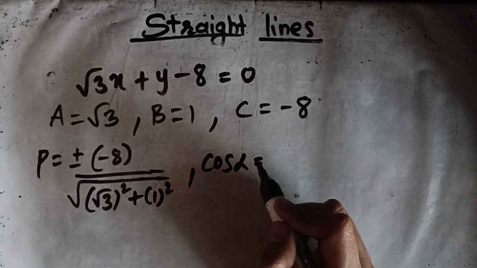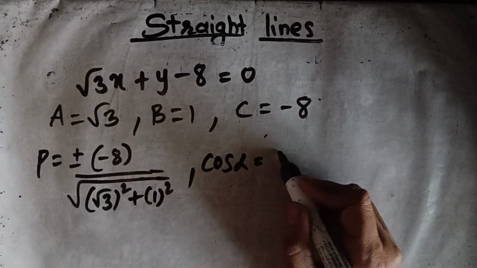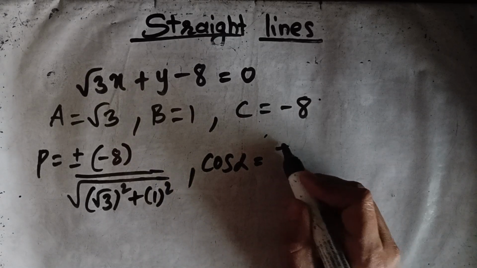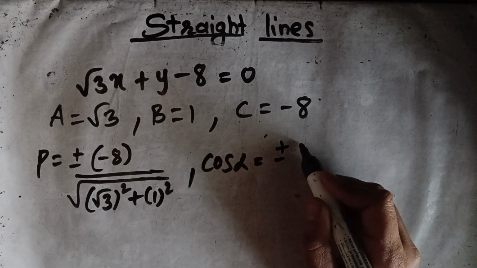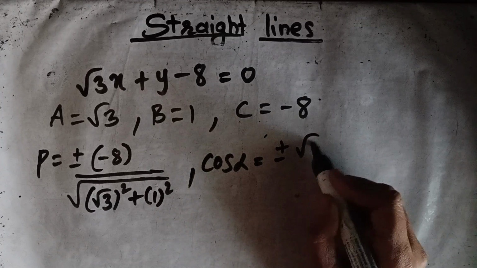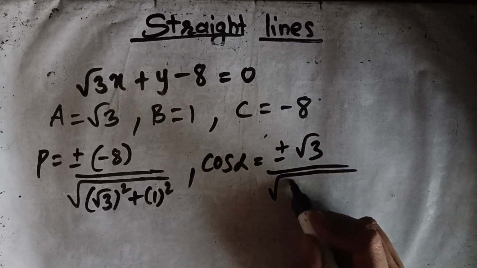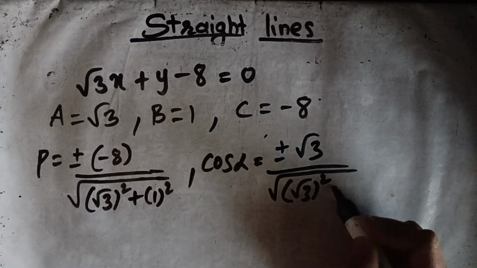Cos alpha is plus or minus A upon root of A square plus B square.